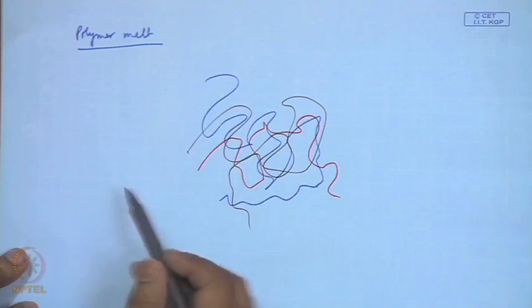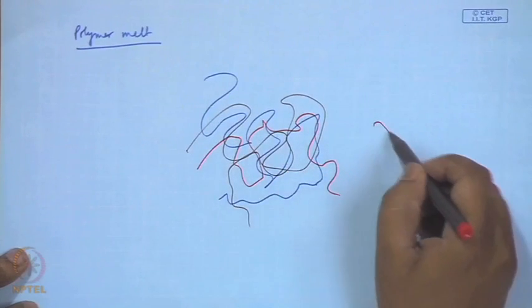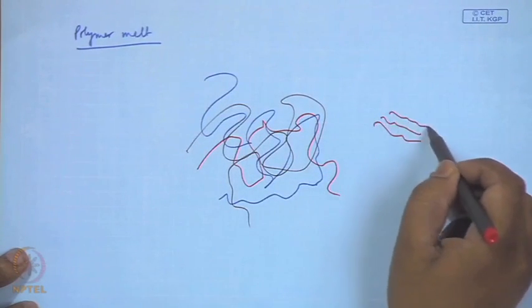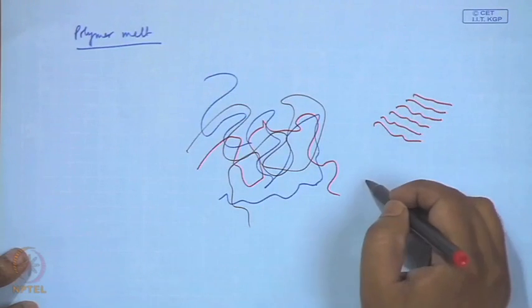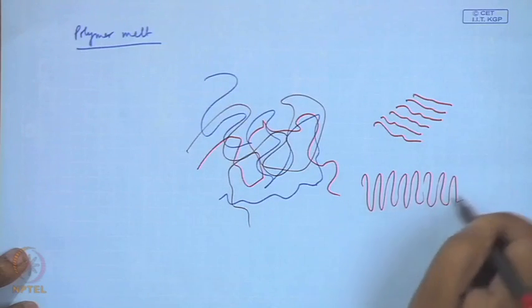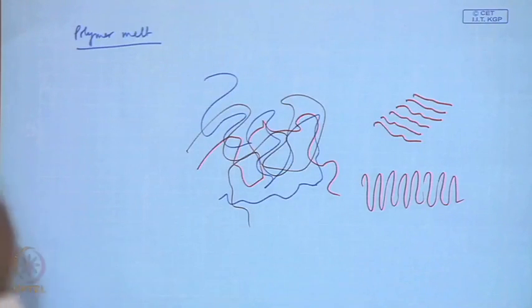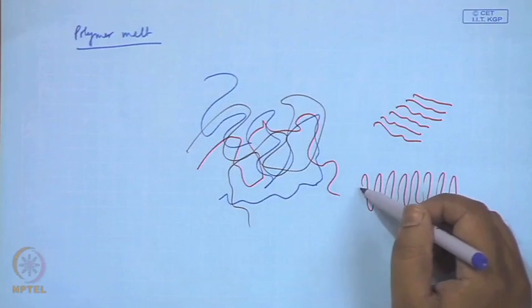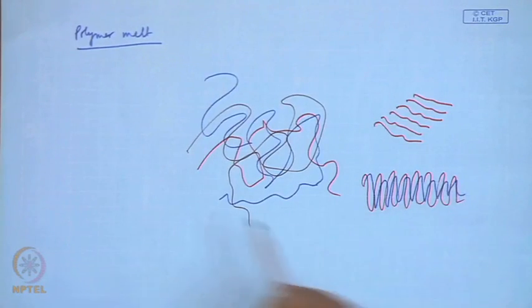To have a crystal, either these polymer chains should arrange in order, or a single polymer chain can fold like this and make an order. So, if you are talking about 2-3 polymers, they can form different crystalline states.